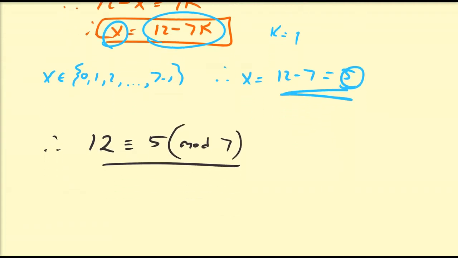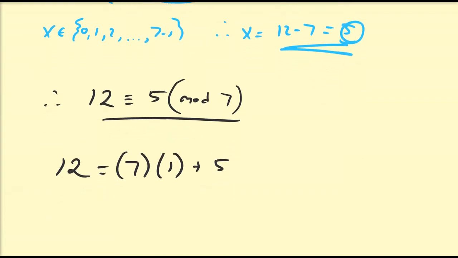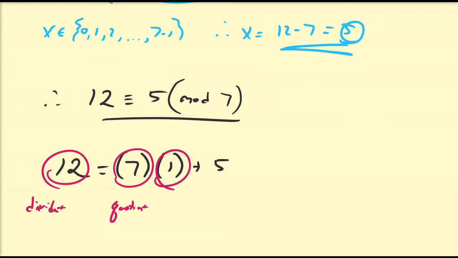Now there is another way of figuring this out using long division, because remember that 12 can be represented as 7 times 1 plus 5. So what exactly is this? Well, 7 is the divisor, 12 is usually represented as the dividend, 1 is the quotient, and 5 is the remainder.